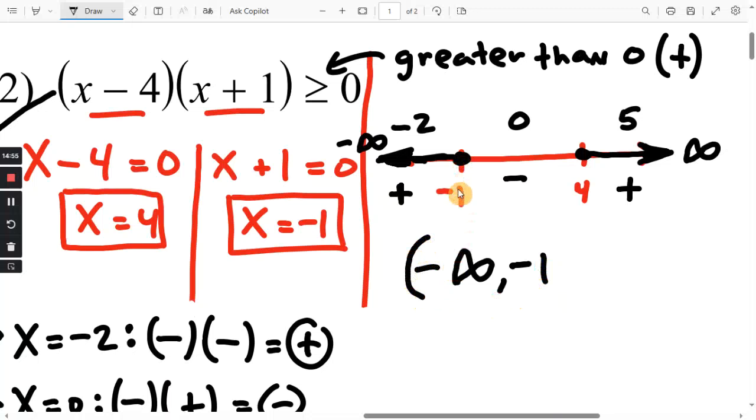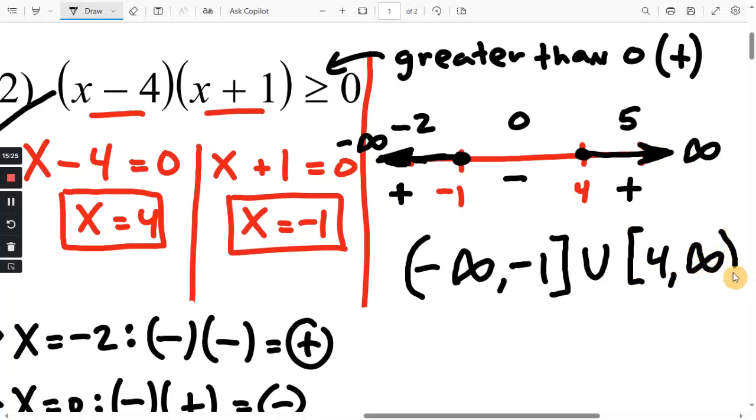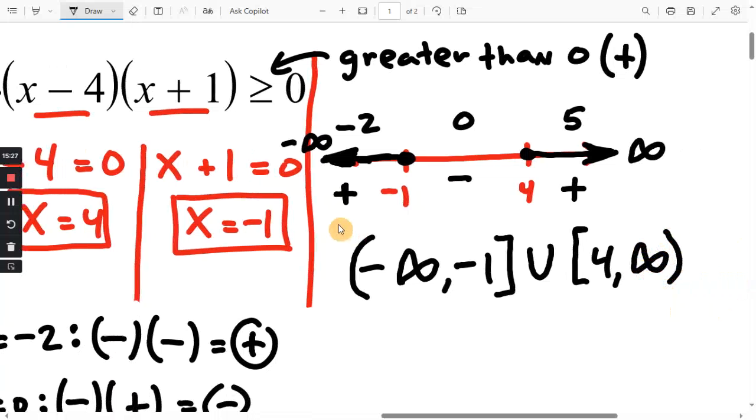And for -1, since it includes the zeros because it has the equal to sign, you use the square bracket. And then for the next set of numbers, you write the U in union with, and keep going left to right. You go to the 4, and the 4 is included, so you use the square bracket. And the 4 goes to the right all the way to positive infinity. And again, for infinity, you always use the rounded. So that's it right there.